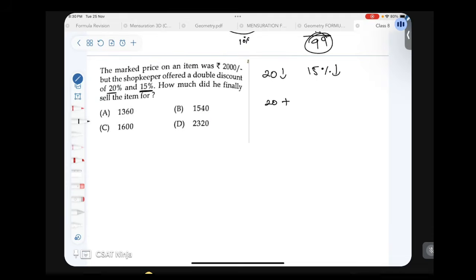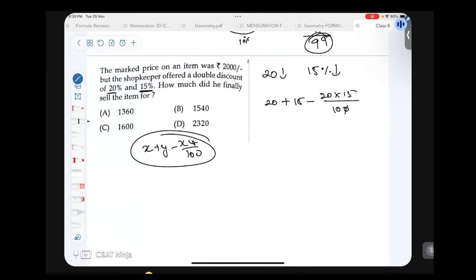The discount formula is x plus y minus xy divided by 100. So 20 plus 15 minus 20 into 15 divided by 100. 0, 0 cancel, 2 5s are 10, 5 3s are 15. That means 35 minus 3, which is equal to 32%. So there is a discount of 32%.